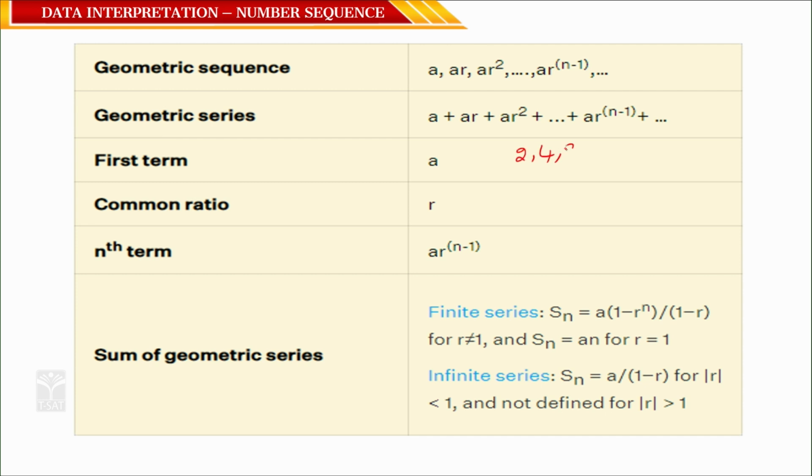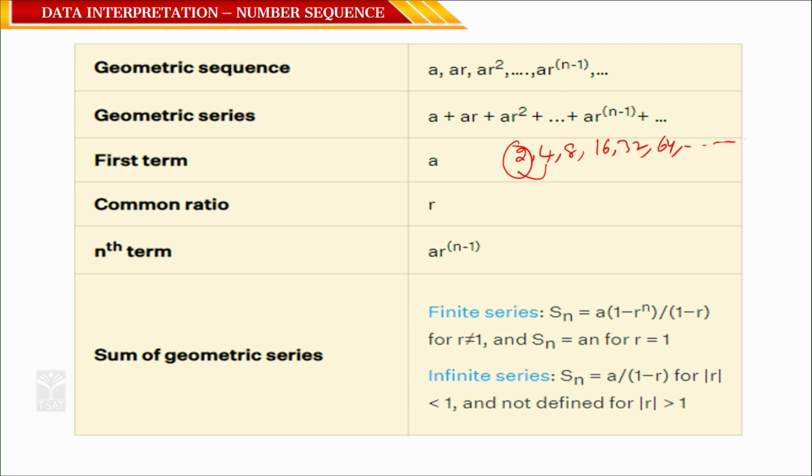So, now for example, 2, 4, 8, 16, 32, 64 and so on. This is a geometric progression, correct? And here the first term is 2. Of course, the common ratio is also 2. Then how are you going to get the common ratio? Divide the second term by the first term, then you will get the common ratio.